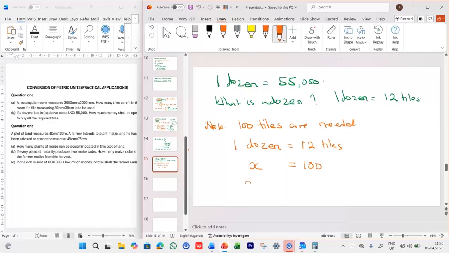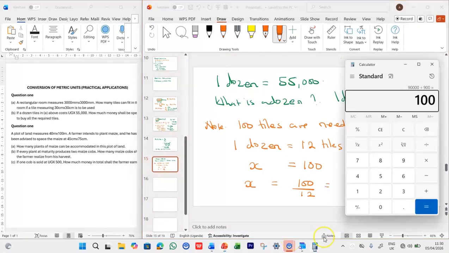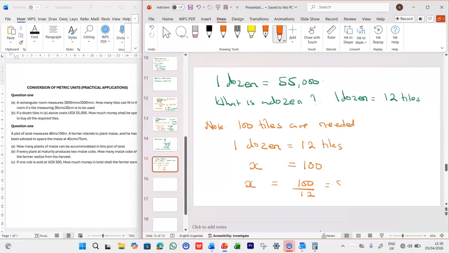So x is equal to 100 over 12. And what do you get? 100 divided by 12 is 8.33 dozens. So 100 tiles is equivalent to 8.33 dozens.